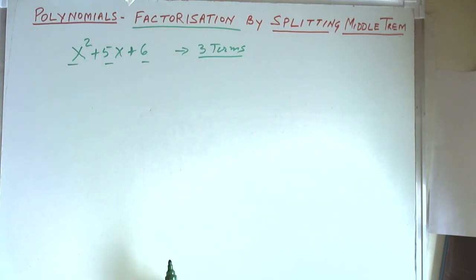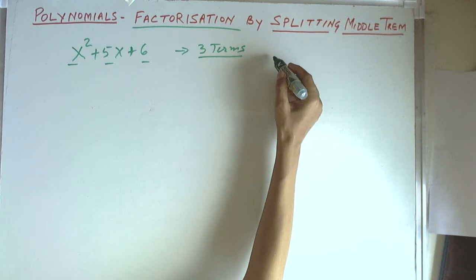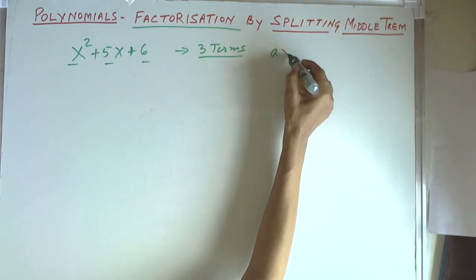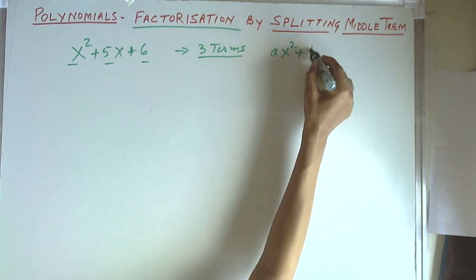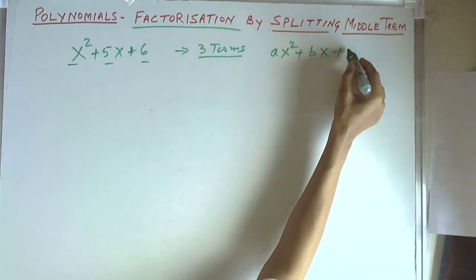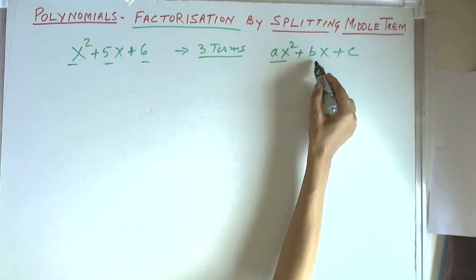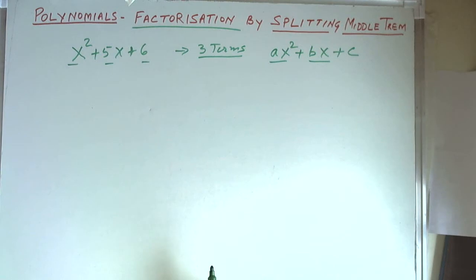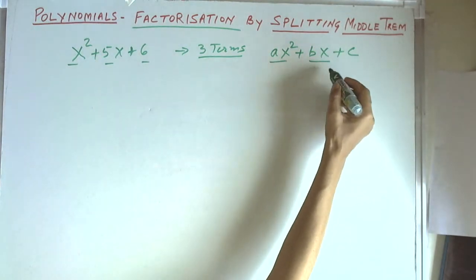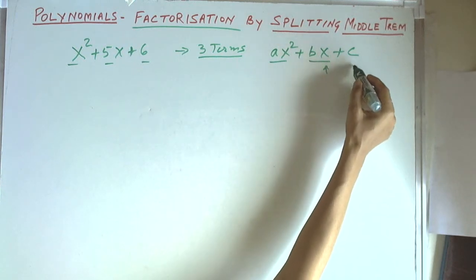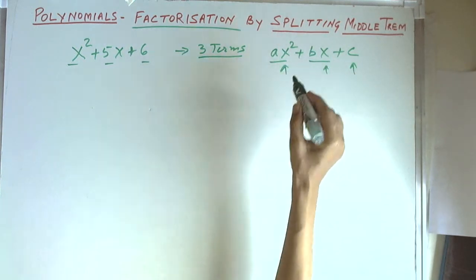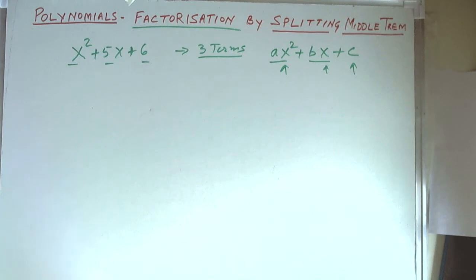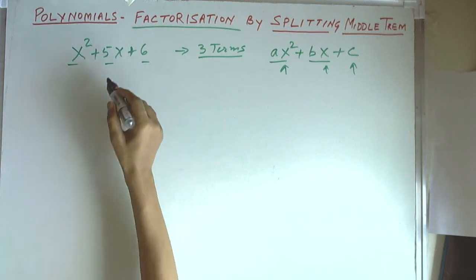And this is a polynomial in a format where we have ax square plus bx plus c. That means there is a term with degree 2, then there is a term with degree 1, and then there is a constant term. So in such a situation, we do factorization by splitting the middle term.